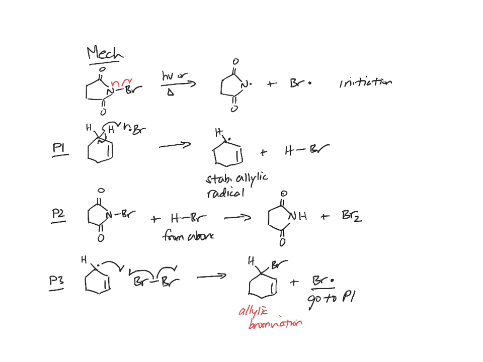Now, as far as why that occurs, we talked about how Br2 was a problem with double bonds. This Br2 is generated during the reaction. I don't actually add it in initially. So for every radical I make, I get one Br2. So it's generated in very small amounts.